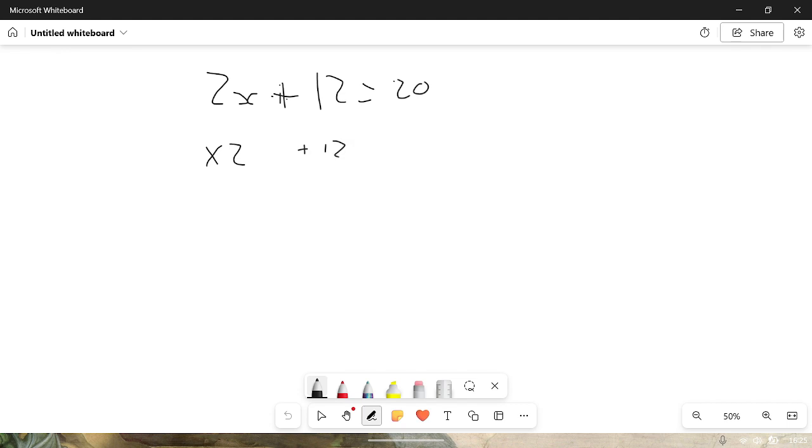Now you've got to reverse this. You've got to make the opposite of this. What is the opposite of this? Well, it's subtracting 12 and then dividing by 2. So that's exactly what you do. 2x plus 12 equals 20.